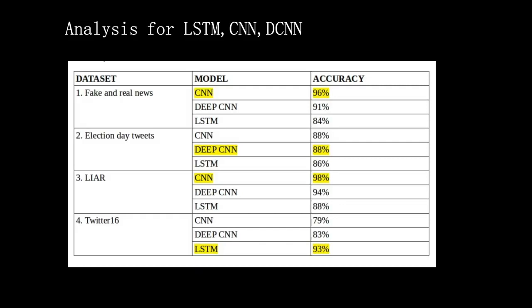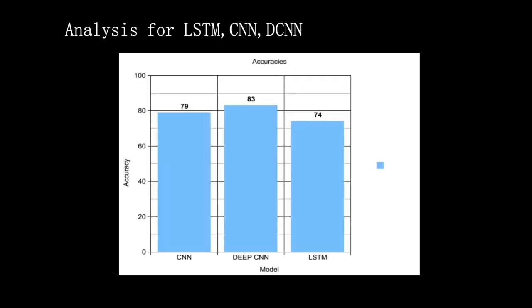The accuracy observed in the CNN model is 96%, in Deep CNN it is 91%, and in LSTM it's about 84%. The fourth dataset is Twitter 16. In this, the CNN model's accuracy observed is 79%, and Deep CNN shows an accuracy of 93%. These were the main model accuracies observed.